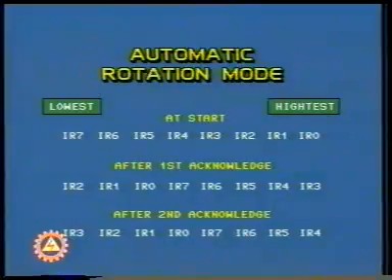For example, if the initial assignment is that IR0 has the highest priority and IR7 has the lowest priority, and if IR2 and IR3 happen to occur simultaneously, IR2 having the higher priority will be serviced first. After it is serviced, it will automatically be given the lowest priority, and IR3 will be given the highest priority. Now, IR3 is still pending. Once this is serviced, IR3 will be given the lowest priority and IR4 will be given the highest priority.